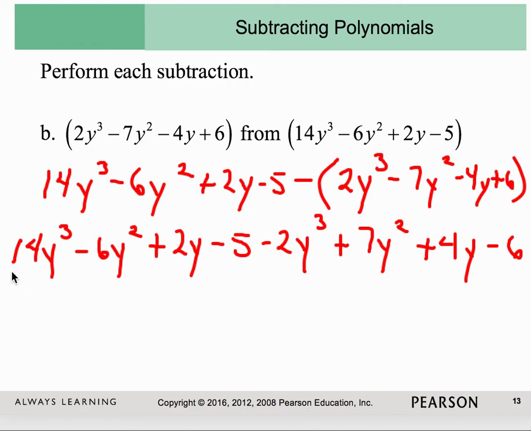Now, anything that's a y cubed, all the way across. 14 minus 2, 12y cubed. Anything that's a y squared, all the way across. 7 minus 6, 1y squared. Anything that's just a y. 2 plus 4.